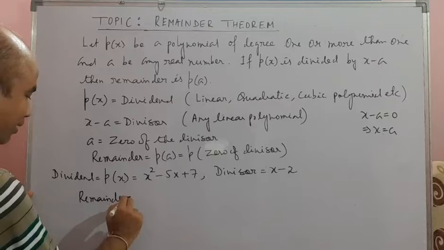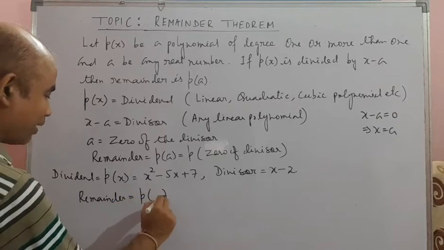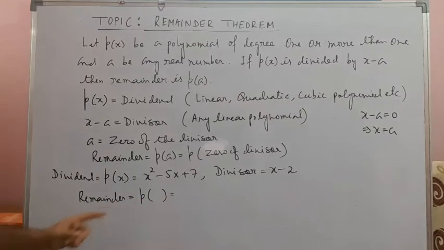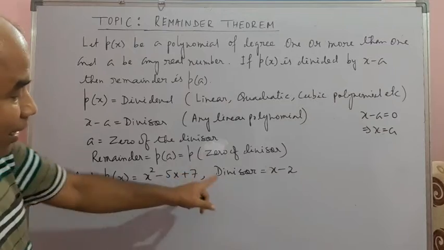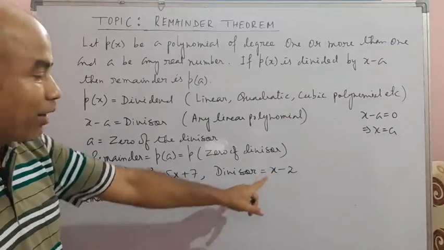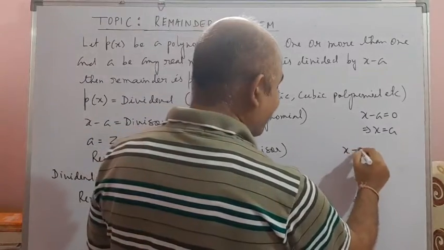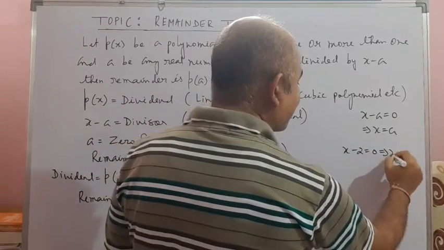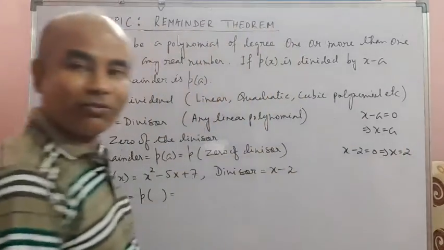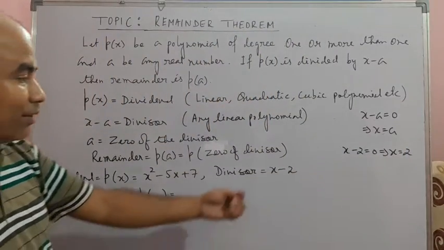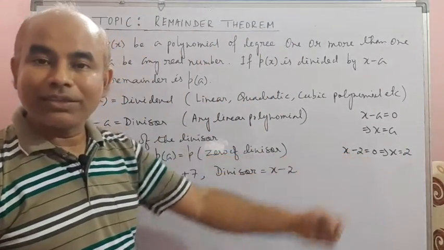The remainder will be P of something. In place of x, what do you have to write? That is the zero of our divisor. So what is the zero of x minus 2? Let me take x minus 2 equal to 0 and find x, because that is the process to find the zero of a linear polynomial. So x is equal to 2.